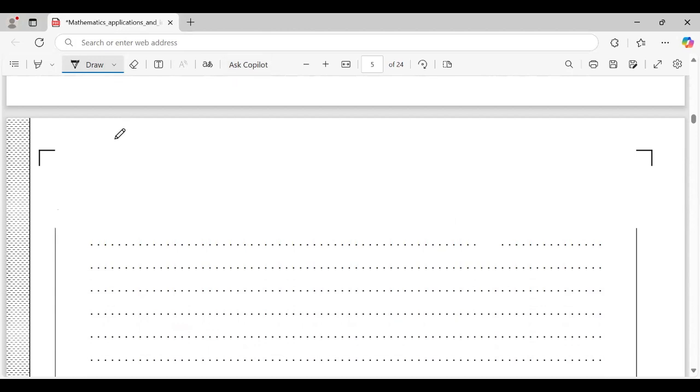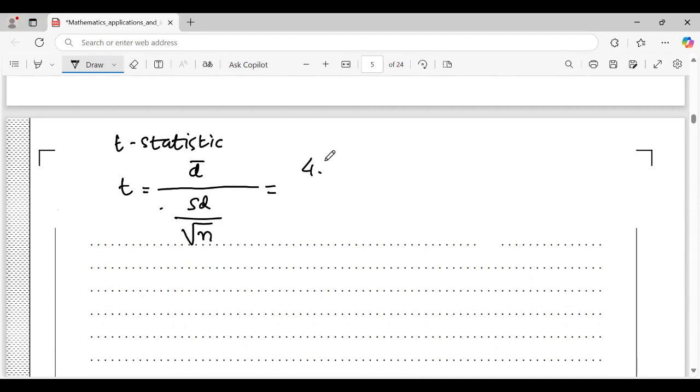And the next step, the t statistic. The formula is t equals mean of D divided by standard deviation divided by square root of n. n is 8. So 4.2125 divided by 9.77 divided by square root 8. I have calculated this number.